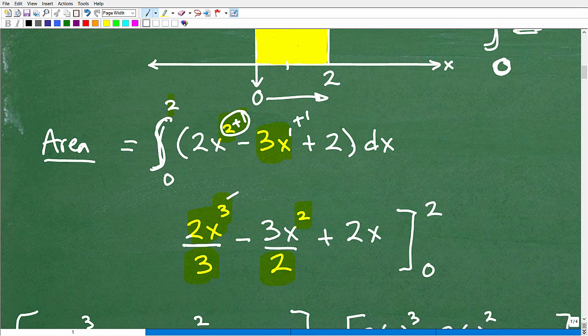Now, this 2, in fact, this is 2x to the 0. So anything to the 0 power is 1. So 2, we're like, well, there's no x's here. Well, you can think of it as x to the 0 power because anything to the 0 power is 1. So 2 you can think of as 2 times x to the 0 power, okay?